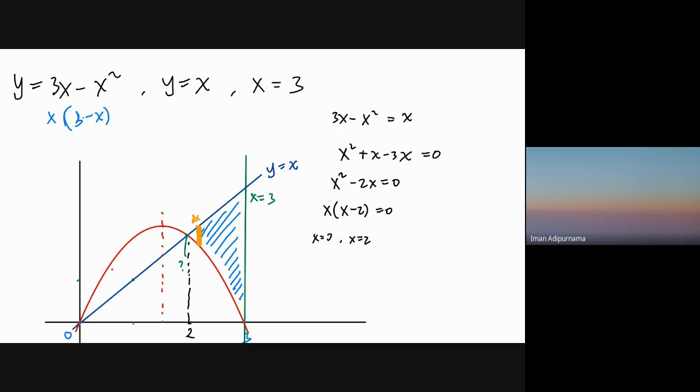The red and the blue. Yeah, the red and the blue is the intersection that we want to have, because we want to put this intersection in our integral, right?